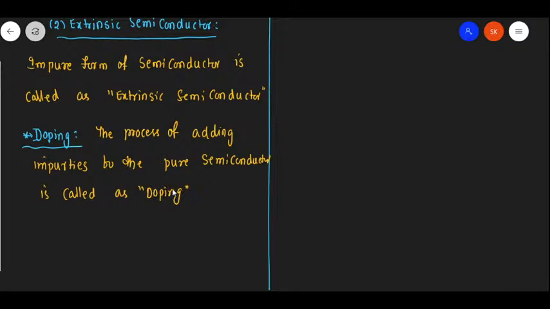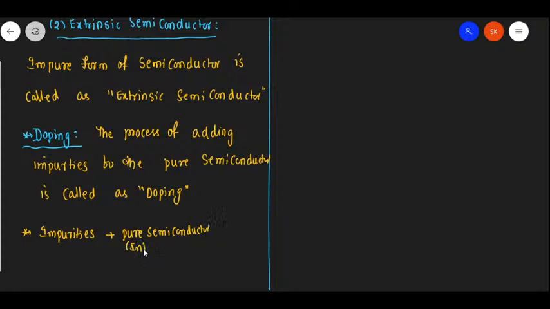For example, how can you generate an extrinsic semiconductor? It is very simple. If some impurities are added to the pure semiconductor, what is a pure semiconductor? A pure semiconductor is nothing but an intrinsic semiconductor.